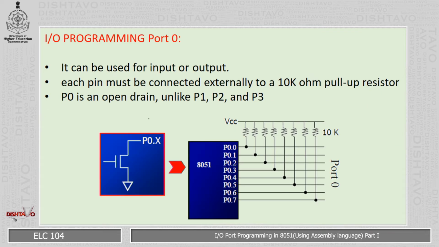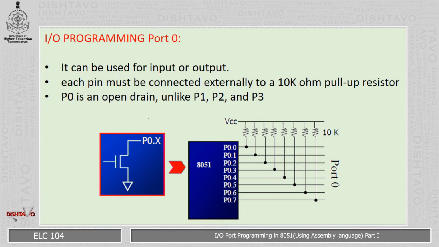So let's get to IO port programming of port 0. As you all know, port 0 has to be connected with an external pull-up resistor. Why do we do this? Because the output of port 0 is in the floating state. What do you mean by floating state? It means that both the MOSFETs are unsure whether to go high or low, so they are floating between two values.